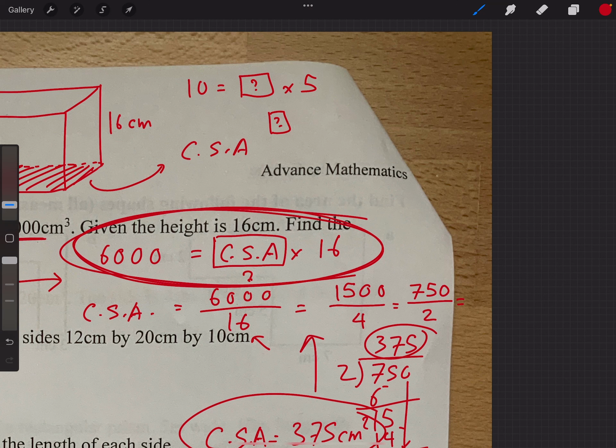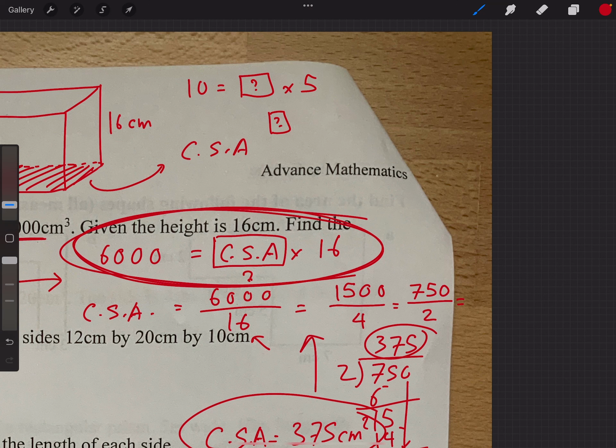So this must equal 2,400 milliliters. Let's change it to liters. We know that 1 liter is equal to 1,000 milliliters. So therefore 2,400 milliliters divided by 1,000, you're going to get 2.4 liters. And that's your answer.